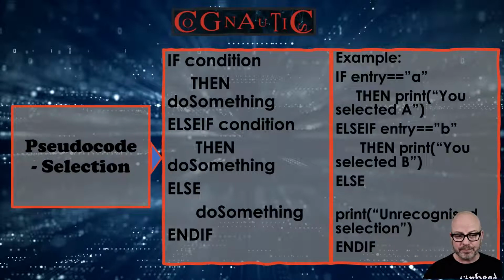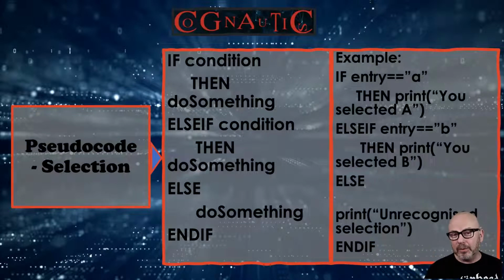Okay, so this might look like if entry is the same as A, because don't forget double equals means is the same as, rather than using an equals on its own, which is to assign a value to a variable. Then print you've selected A, else if entry equals B, then print you've selected B, else print unrecognized selection, all right?